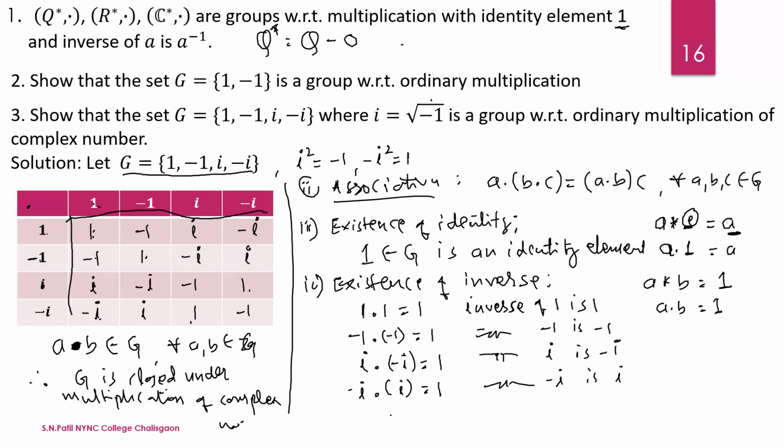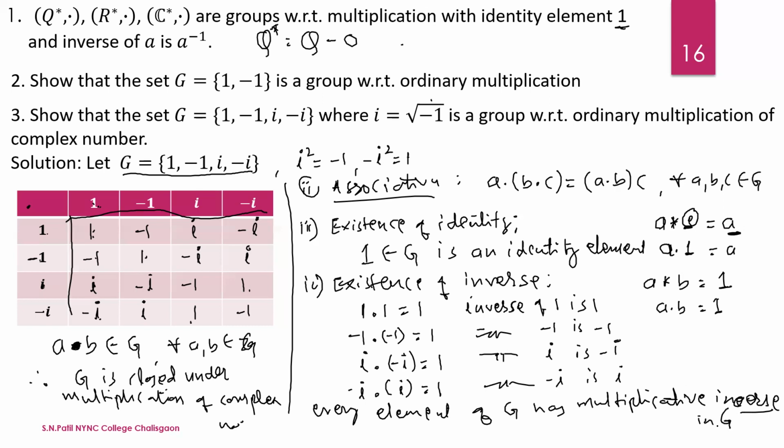Okay, that is, every element of G has a multiplicative inverse in G. Hence, G is a group.